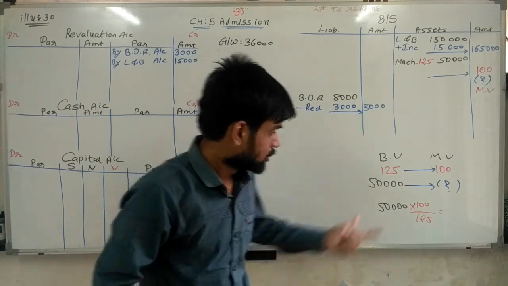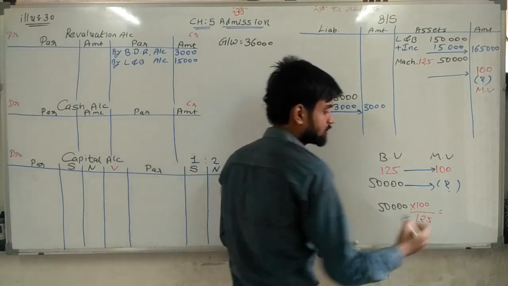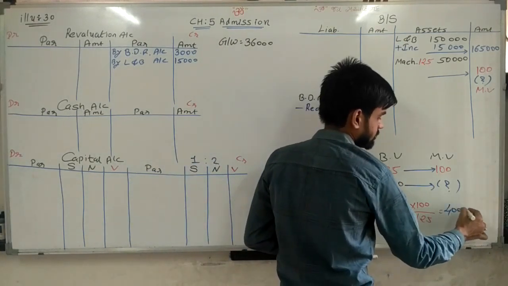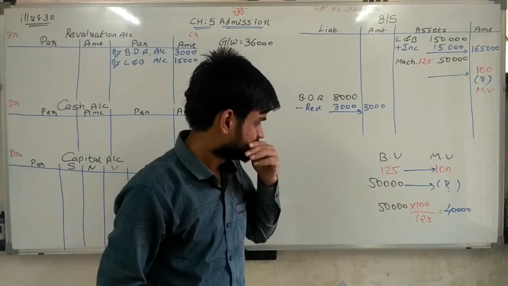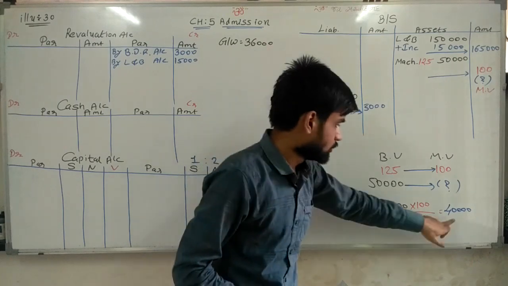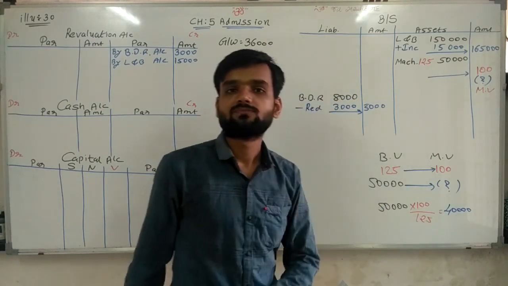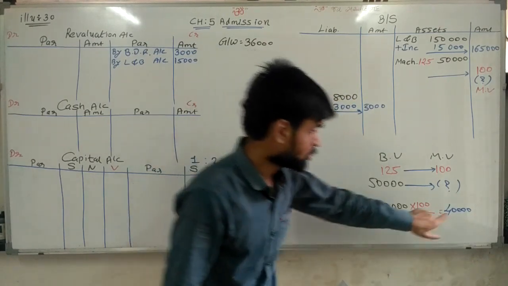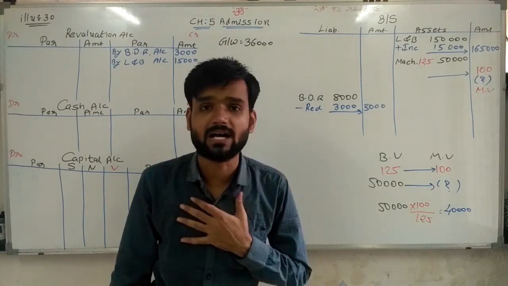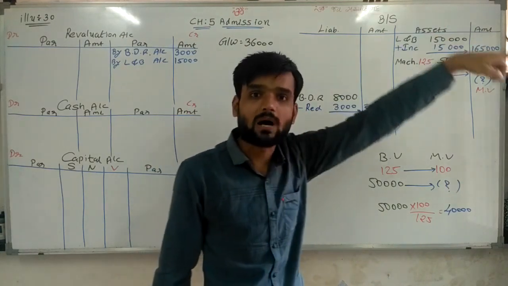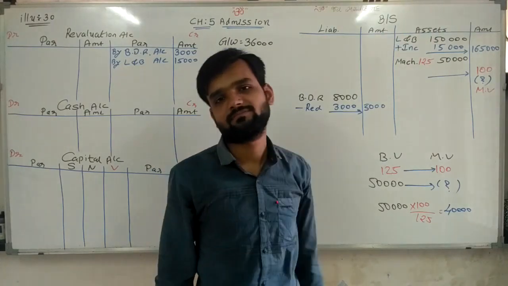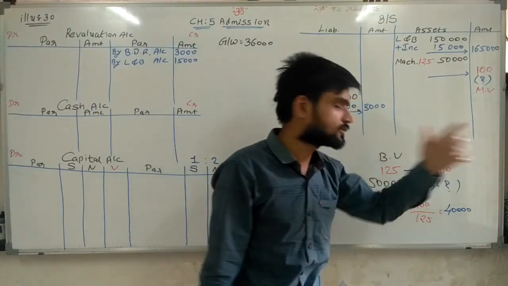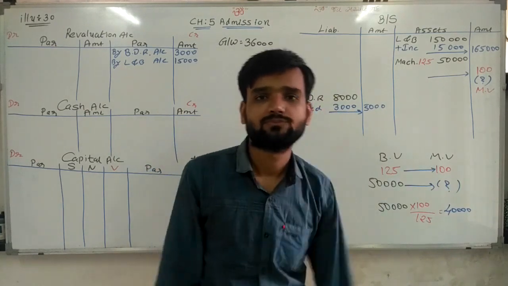So you will get the answer 40,000 rupees. So this 40,000 rupees is my market value, the value of machinery in the market.